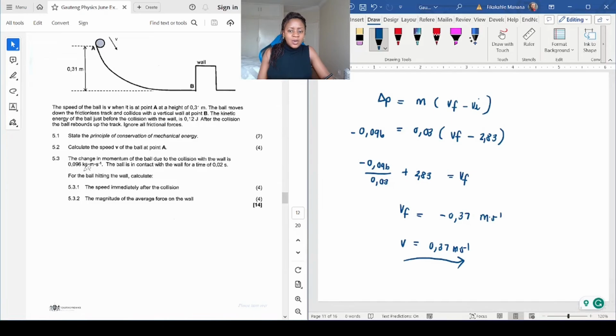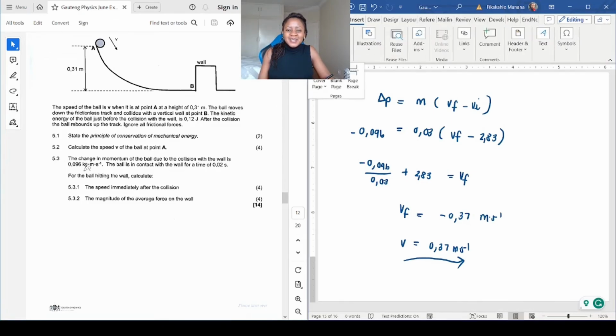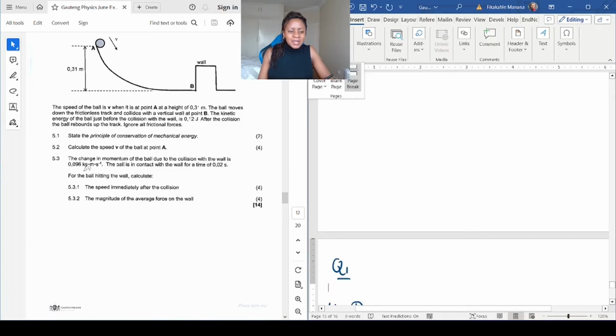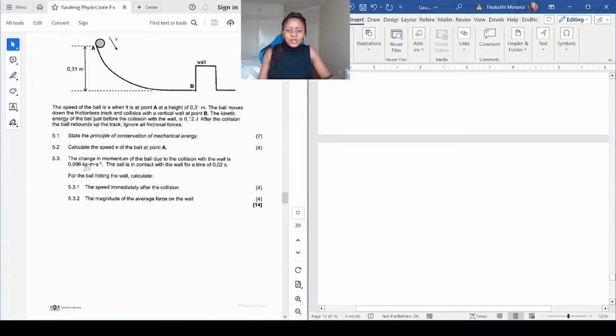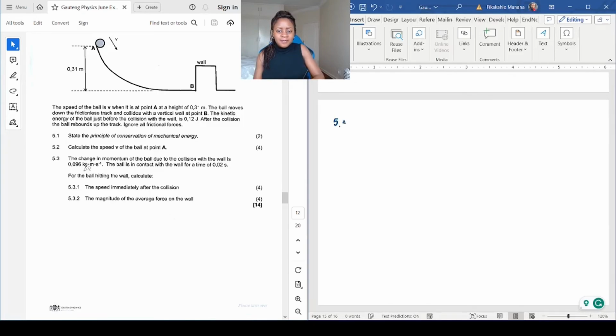And now I have run out of pages. Let me just insert one. So let us go now to 5.3.2. Now we're looking for the magnitude of the average force on the wall. Remember your force calculation. Your net force is equal to your change in momentum over your change in time.